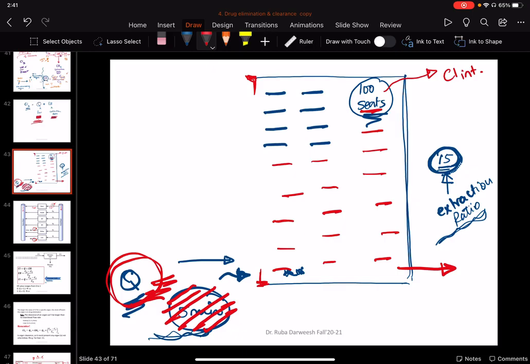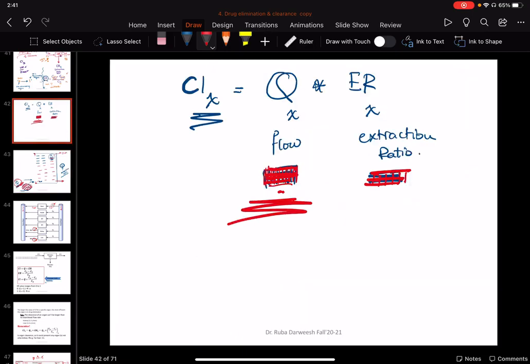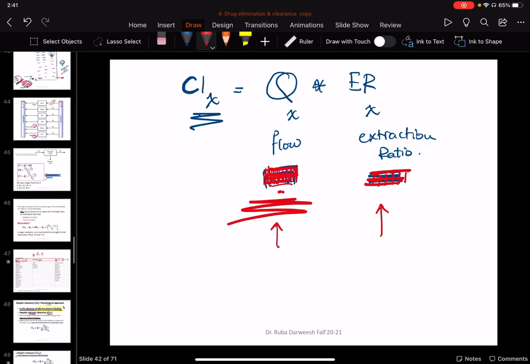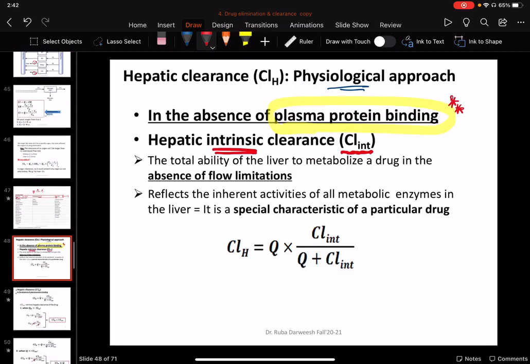Again, in the usual case, we are having both of those factors affecting the clearance, but when we are talking about intrinsic clearance, it's the total ability of the liver or any organ to metabolize the drug in the absence of the flow limitation. We call it intrinsic clearance.